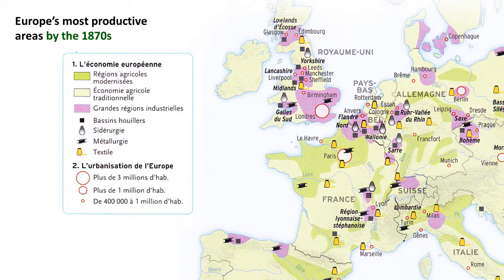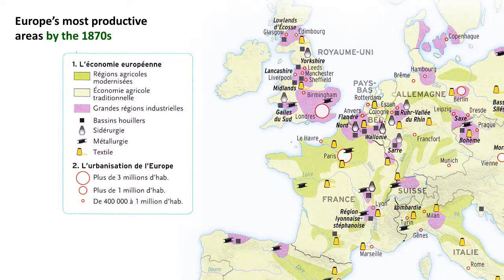That is in particular the case of the south of Wales, the north of England, so I mean the region between Lancashire and Yorkshire, with cities like Manchester, Sheffield, Birmingham, Leeds or Glasgow that really boomed, shifting from being small cities to some of the biggest cities in Britain and actually in Europe. And so in Britain there was a real change in the population distribution in the country.